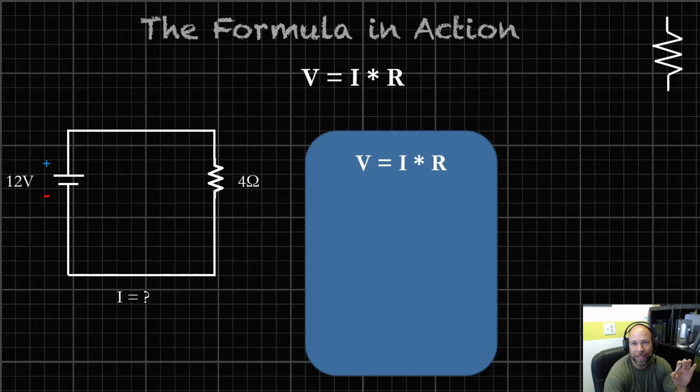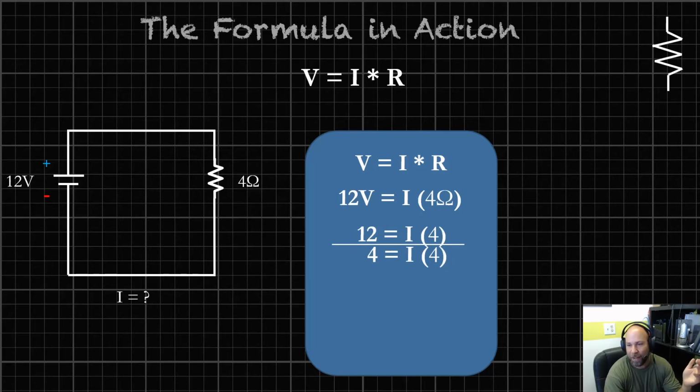We know V is equal to IR. Our voltage is equal to current times resistance. So let's plug in our values. We know our voltage is 12 volts. We do not yet know the current flow. That's what we're trying to find out. And we know that the resistance against our push, against our pressure, is 4 ohms. So here we just have a simple algebraic equation where we're trying to find some balance, some equality.